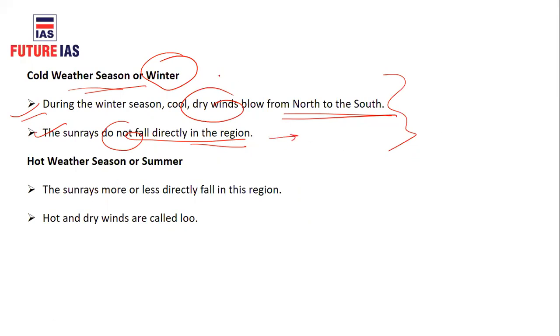So in the northern hemisphere you will have winter, because we are talking here about India. That means during winter in India, in October, November, December, the sun will be in and around Australia, and in Australia during December you will have summer.